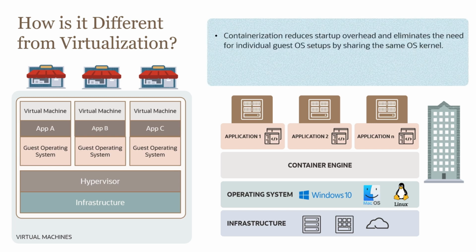With containerization technology, there's less overhead during startup and no need to set up a separate guest OS for each application since they all share the same OS kernel. Because of this high efficiency, containerization is commonly used for packing up the many individual microservices that make up modern applications.